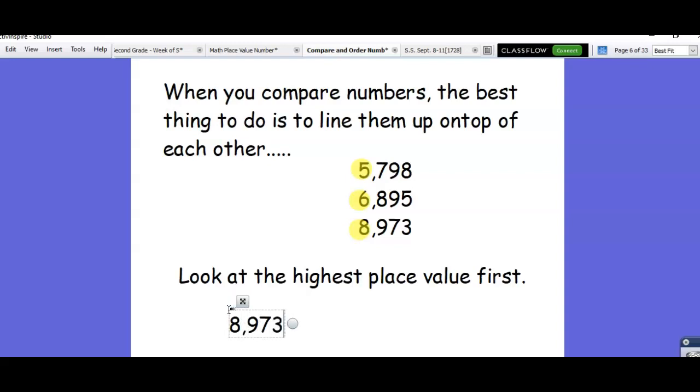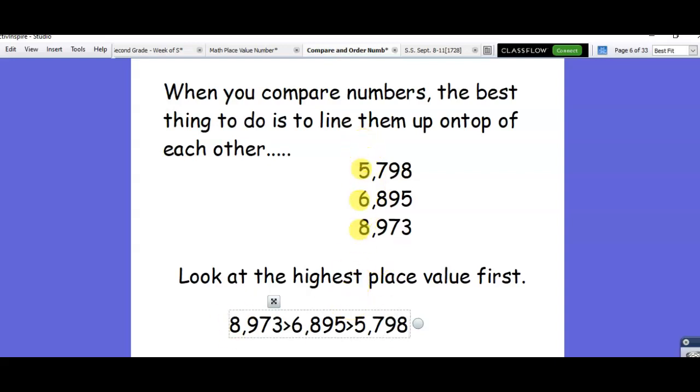8,973 is greater than, and then you choose the number that's greater than the next largest, which would be 6,895. And we skip to the next one. The lowest one would be 5,798. So that's a really good and easy one.